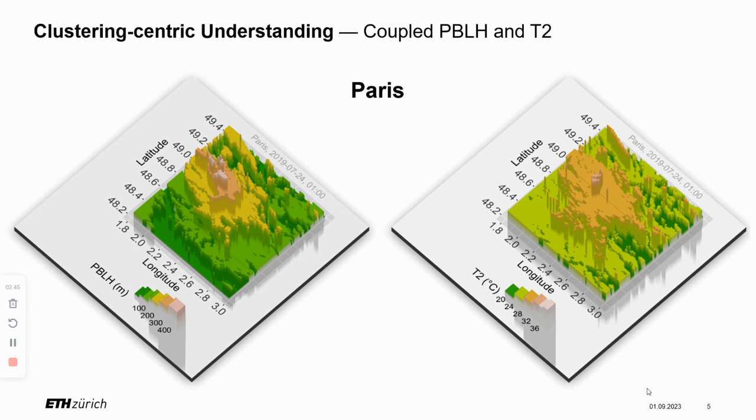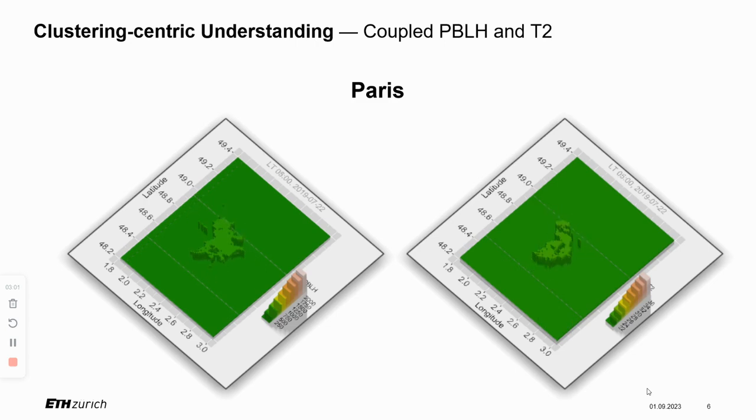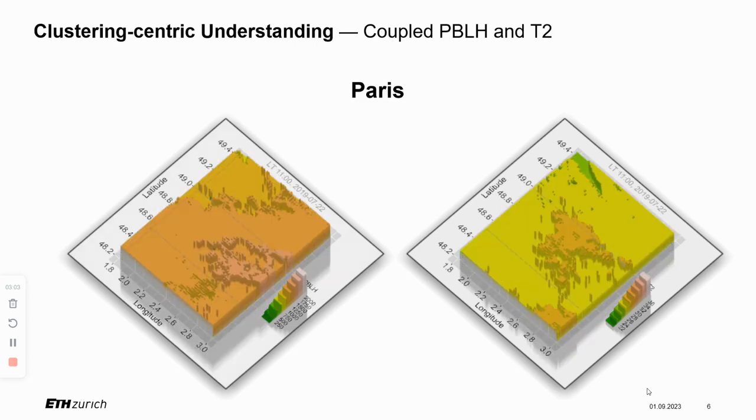On the right-hand side, you have the 2-meter air temperature for the same time instant. From these two images, you see quite a nice spatial correlation. We not only observed this correlation for this particular time instant, but for most of the time instants during the nighttime.